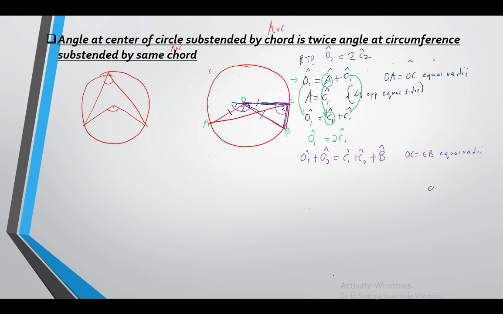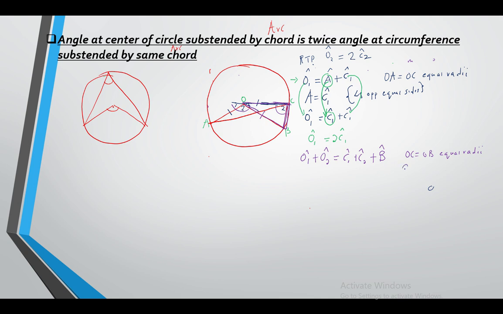These are the equal radii, making the triangle OBC an isosceles triangle. So if triangle OBC is isosceles, there are two angles in that triangle that are equal. In this case, the whole angle C, which is C1 plus C2, is equal to B.